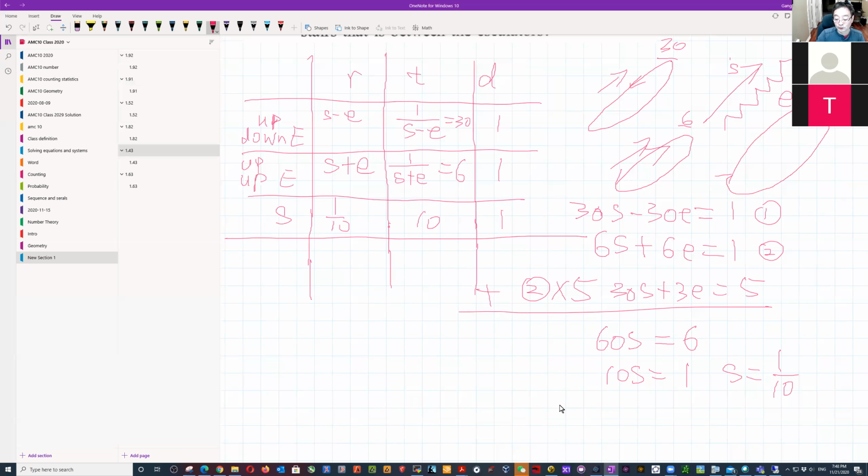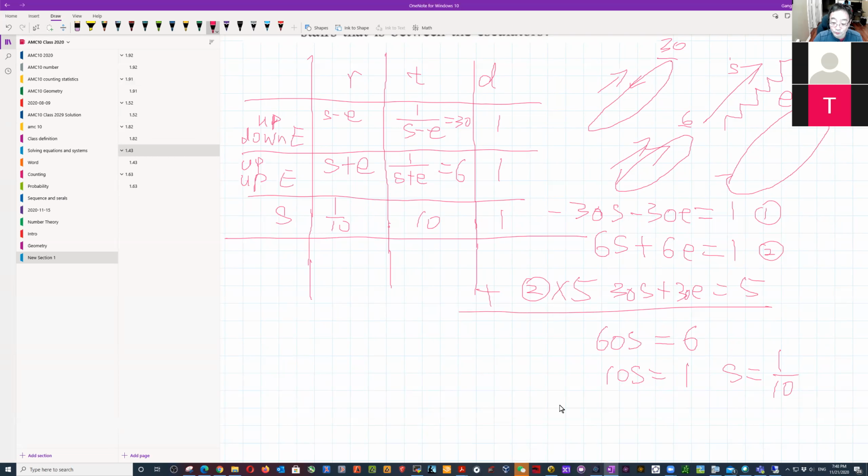And the other one basically we can do a different way. Yeah, so this is not 3e, this is 30e. So we can use subtraction. So basically this multiplied by 5, this is positive, this is going to be minus this.